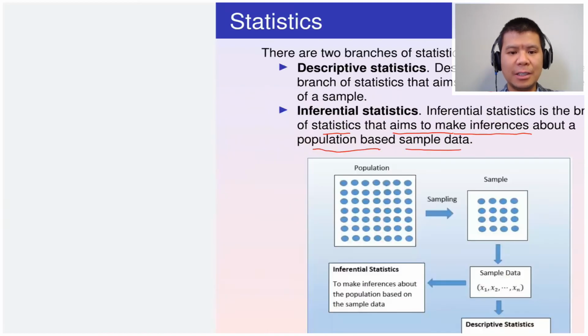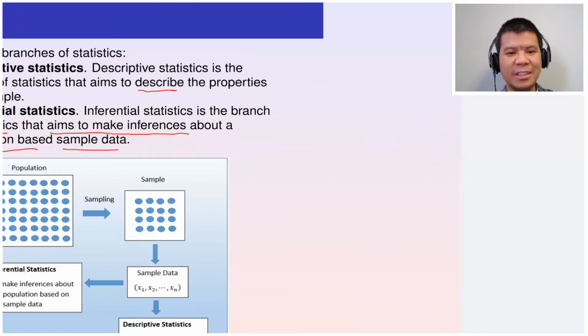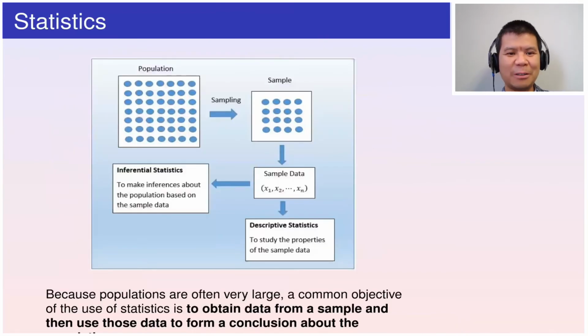Okay, here is an interesting figure. This is the population, which is a lot of objects. Using sampling, we can take a sample, which is a subset from the population.